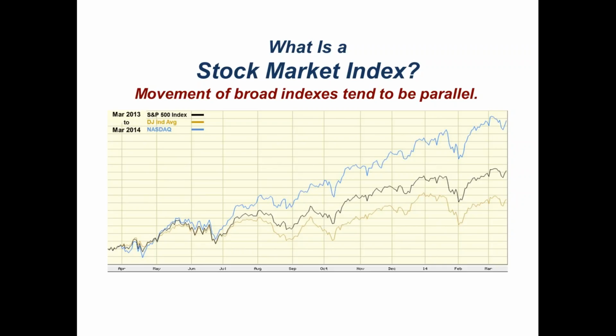While one index or the other in a given year or month might go up or way more down than another, since they're paralleling each other over time, and from an indexed annuity or an indexed life standpoint, it won't always make that big difference what index you're using, because if one goes up, the other is going to go up, and if one goes down, the other one is likely to go down as well, okay?